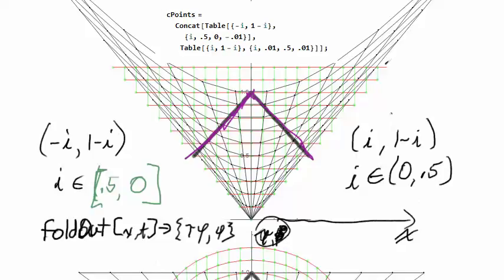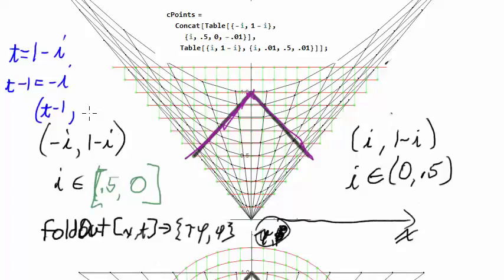So let's switch this up a little bit. T equals 1 minus I. Then t minus 1 equals negative I. So this would be t minus 1 comma t, as t goes from 0.5 to 1.